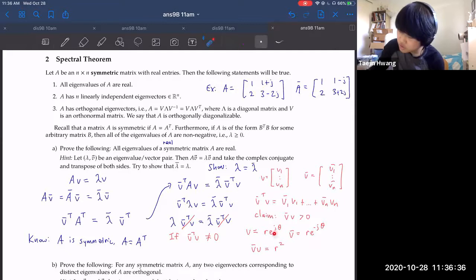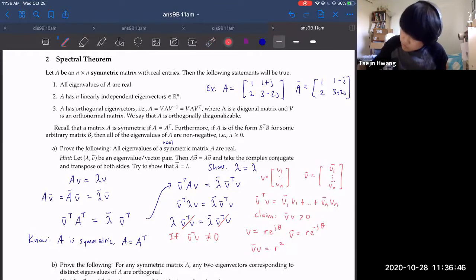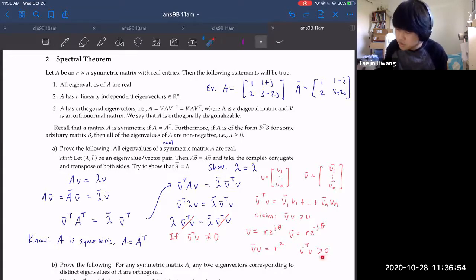And these two phases will cancel out. So since all of these terms here are greater than 0, this tells us that v bar transpose v is greater than 0. So since it's greater than 0, it's not equal to 0, so you can divide both sides, and you're going to end up with lambda is equal to lambda bar.